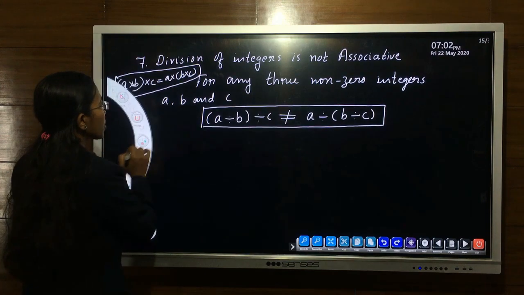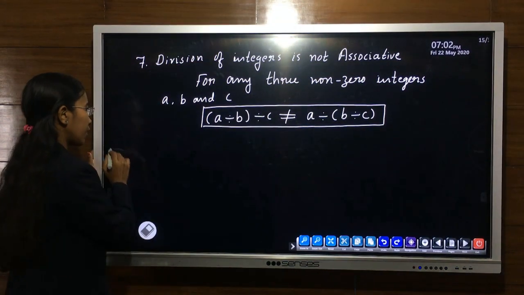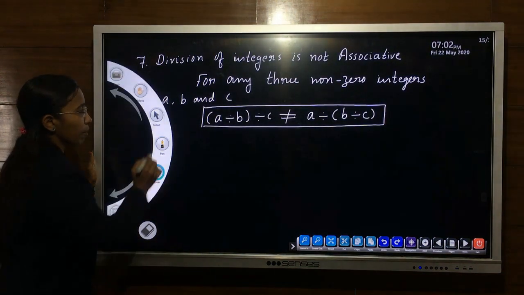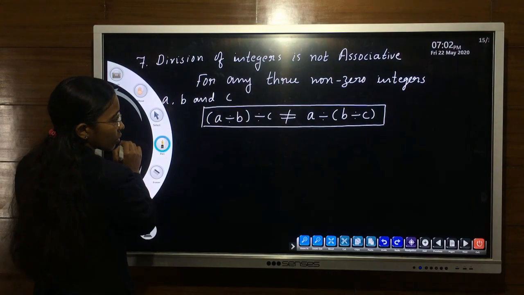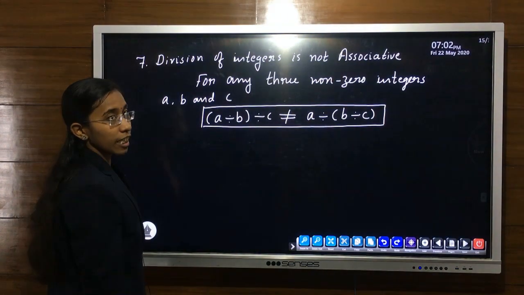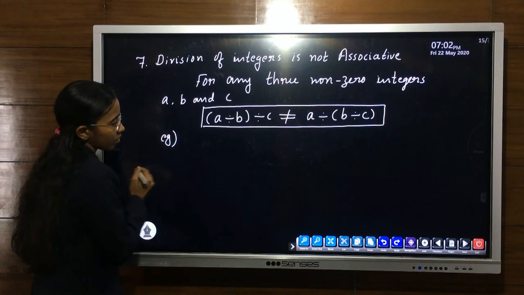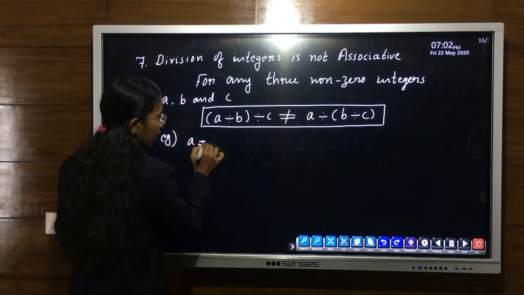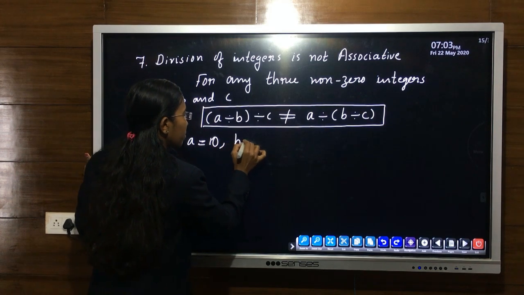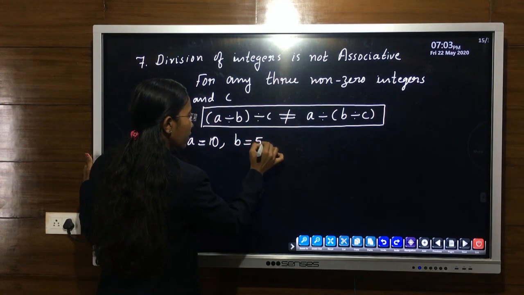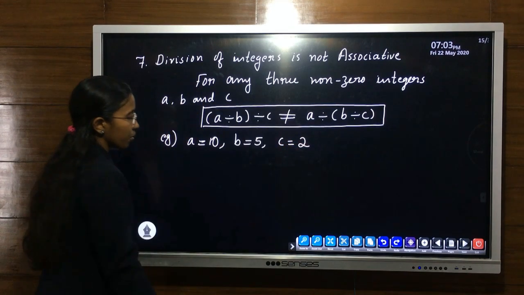Here division is not satisfying this associative property, which means (a divided by b) divided by c is not equal to a divided by (b divided by c). Let's check with one example. A is equal to 10, b is equal to 5 and c is equal to 2.